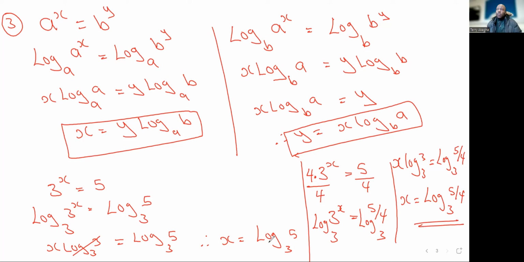Okay, so when you're solving this, please make sure that there is no coefficient or no variable in front of the index you want to solve. All right, so the same thing, similarly, if it's ln as well, let's say we're having a raised to the power x is equal to b raised to the power y. You can also take ln of both sides.